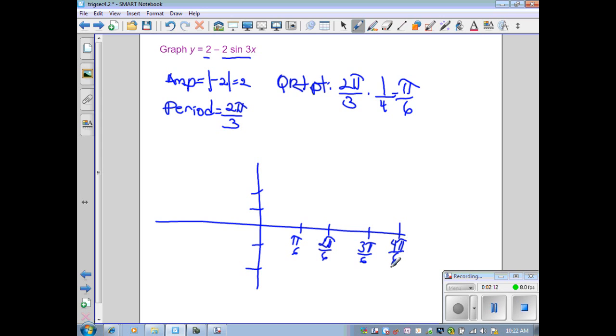And 4 pi over 6 is 2 pi over 3, which is our period. I'm going to use the sine function, so that starts at the origin at 0. But what I notice is that my amplitude is 2, but the number in front of my sine function is negative, so I'm going to go down 2 instead of up, and then follow the process of 0, +2, and 0, finishing with what I started with. Now I just connect with a smooth curve.